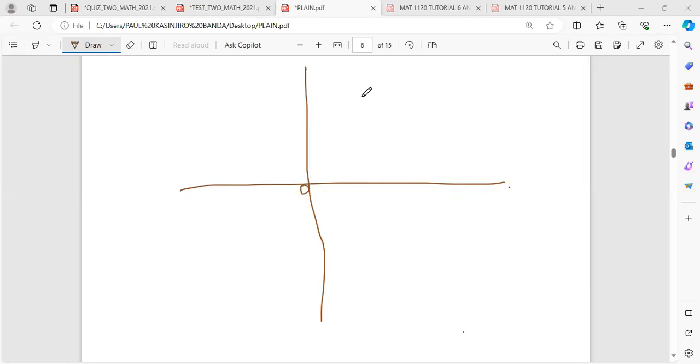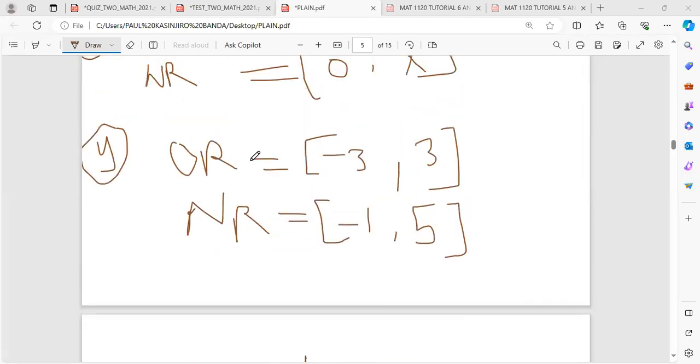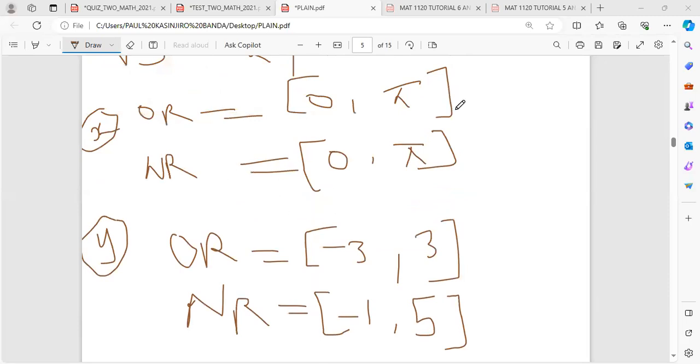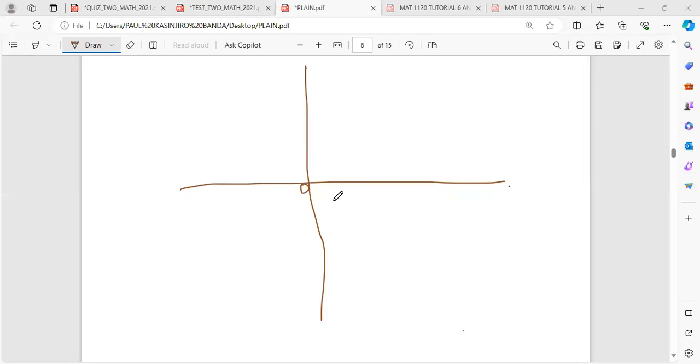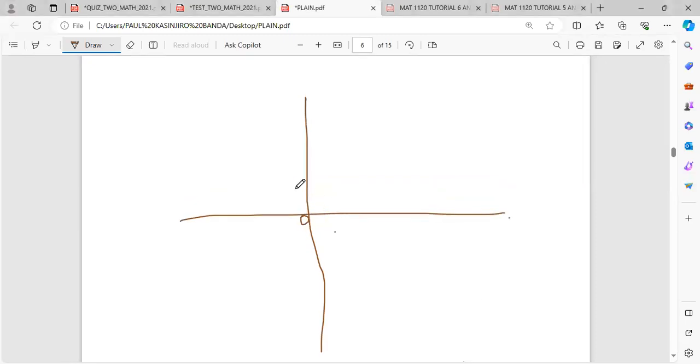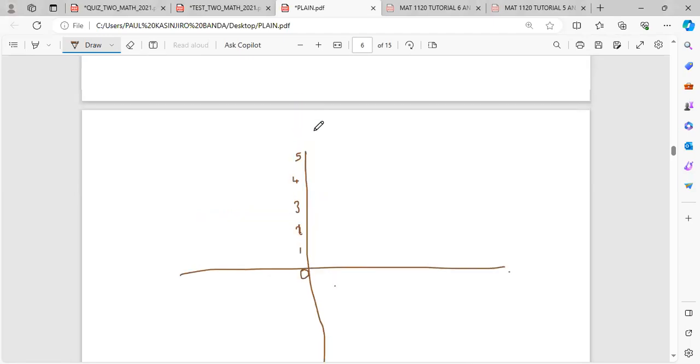Okay, so I was saying after getting the new ranges from the original ranges using the phase shift and the vertical shift, we can now draw it on the XY plane. So here you have 1, 2, you can have 3, you can have 4, all the way up to 5.